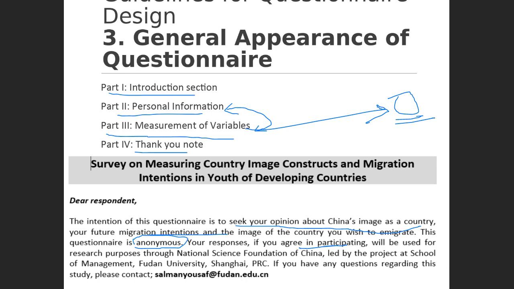This is only for scientific usage, not for commercial usage, because people tend to get very skeptical if their responses are being used for commercial purposes. And lastly, tell them where they can contact you. You should have a contact point as well. You can give your email address, you can give your phone number, depends upon you.